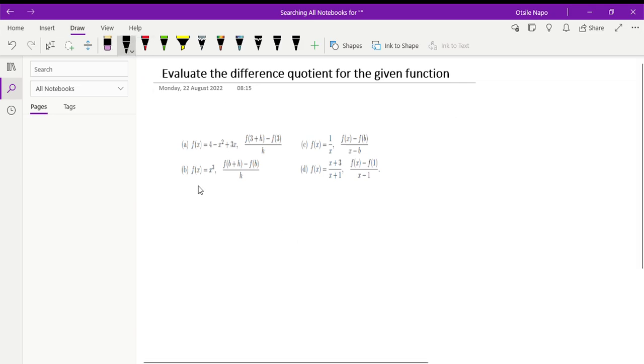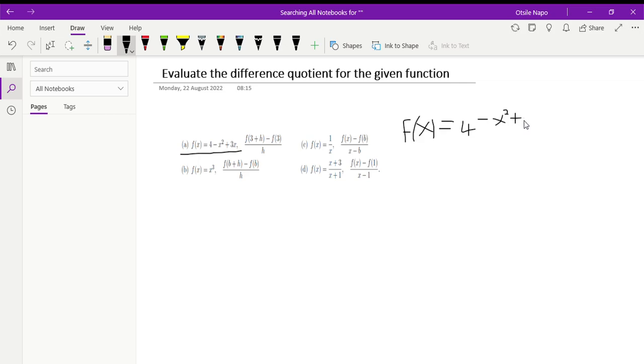So the first one, we are having the function f of x, which is equal to 4 minus x squared. So we are having a function for f of x.